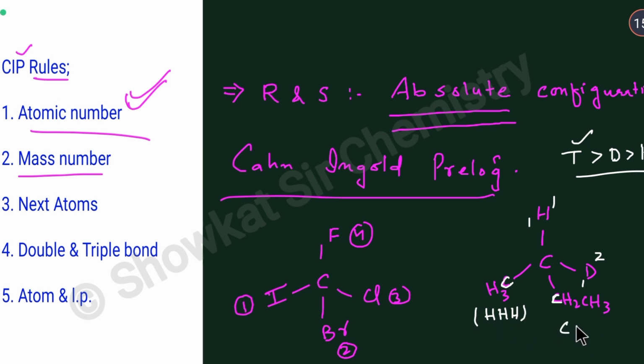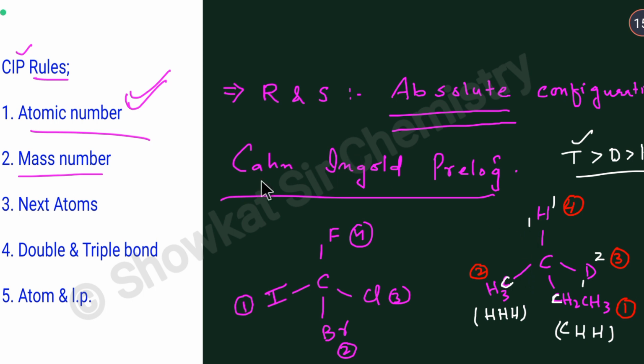But here we have carbon, then hydrogen and hydrogen, so the priority of this will be very high. So first priority, I will write with this red color, will be to this ethyl, second priority to this methyl, and then, as I told you, higher the mass, higher the priority, so third priority to this, and this will have fourth priority because it has atomic number 1.